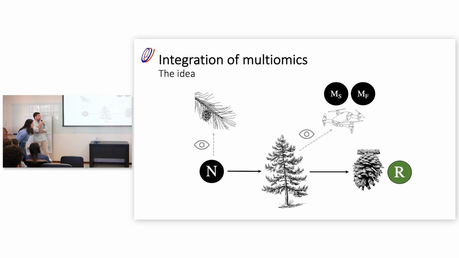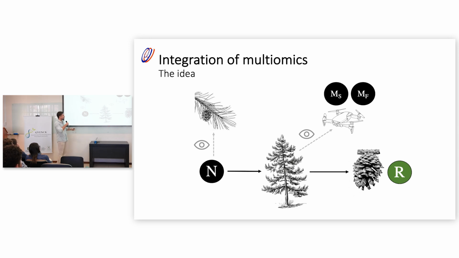So our idea here is to use these omics as well. Abortion rate is kind of telling us about the health of the tree. So we are trying to use some omics as a proxy of the health of the tree.